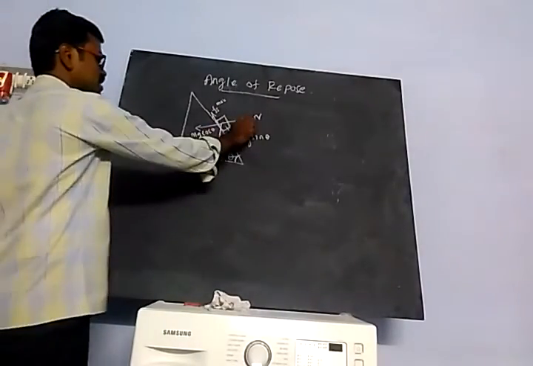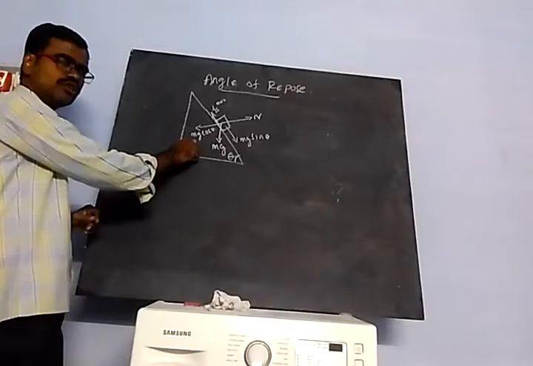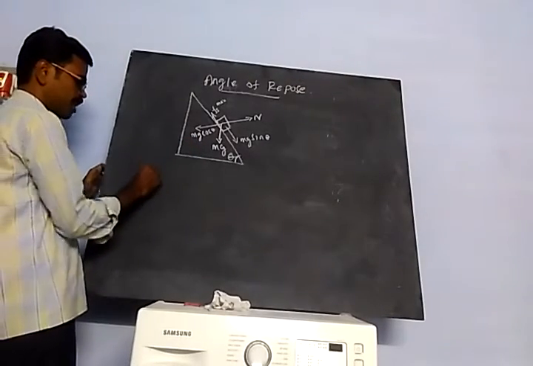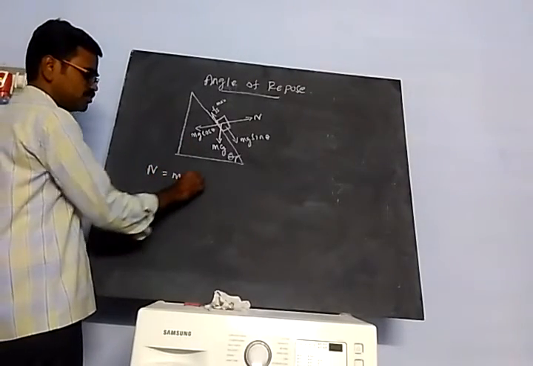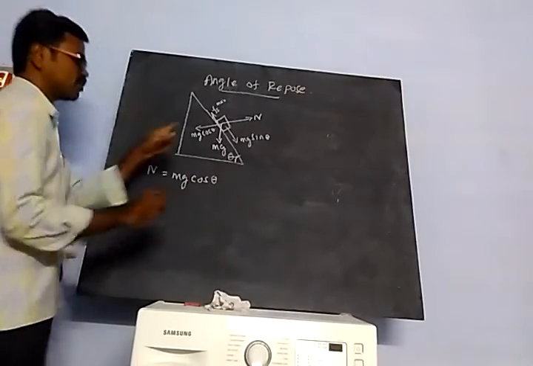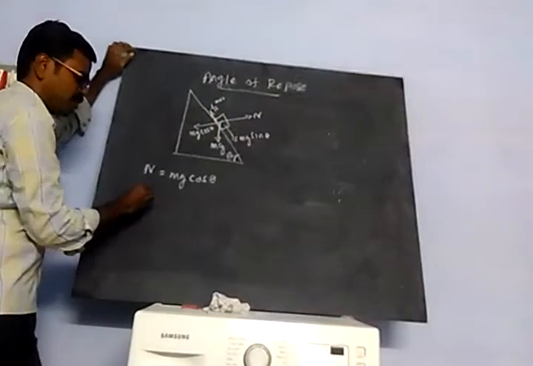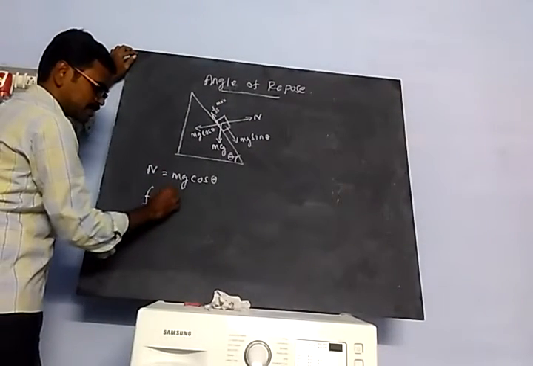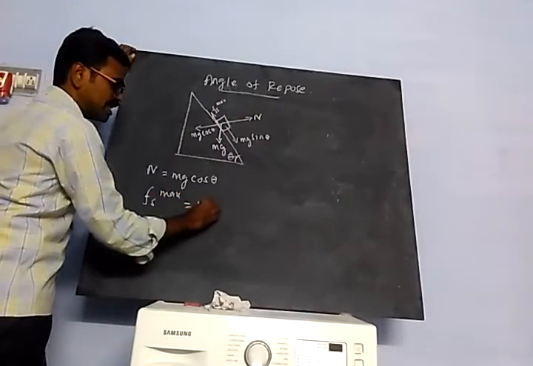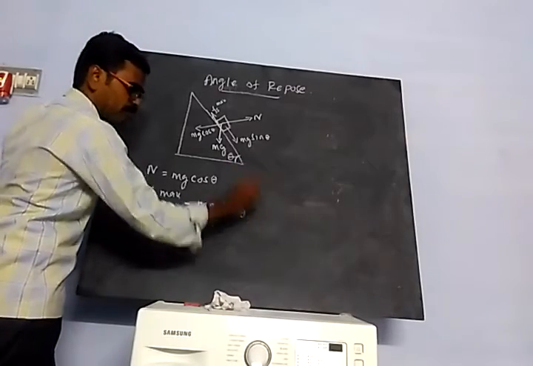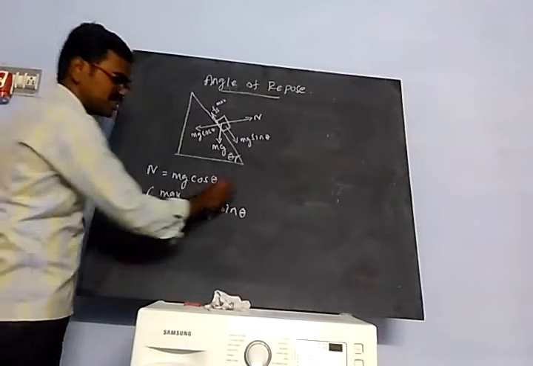Now you can equate this. The normal force N is equal to mg cos theta. Then Fs maximum is equal to mg sin theta.